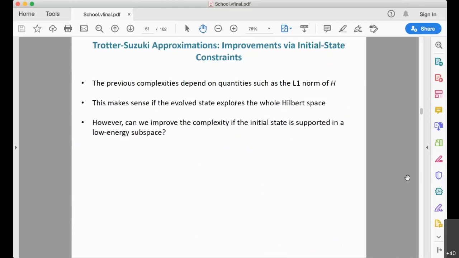We can look at more things, like the previous complexity depending on quantities such as the L1 norm of H. This L1 norm makes sense if I'm exploring the whole Hilbert space, but if I'm constrained to working in some low energy subspace, I don't care about the whole norm of the Hamiltonian, only some small norm constrained to that low energy subspace.